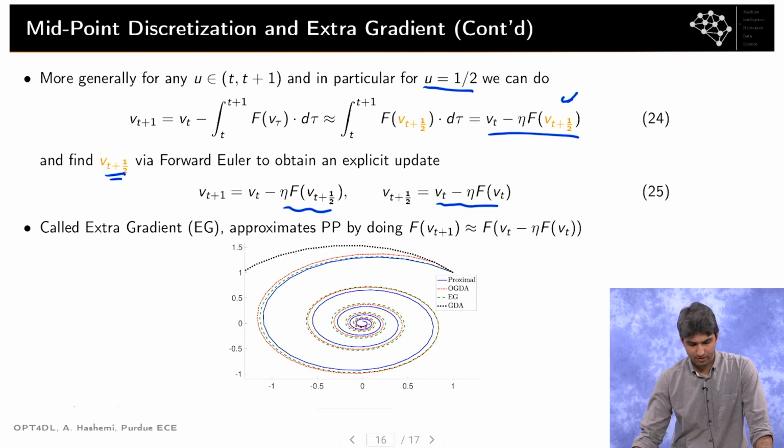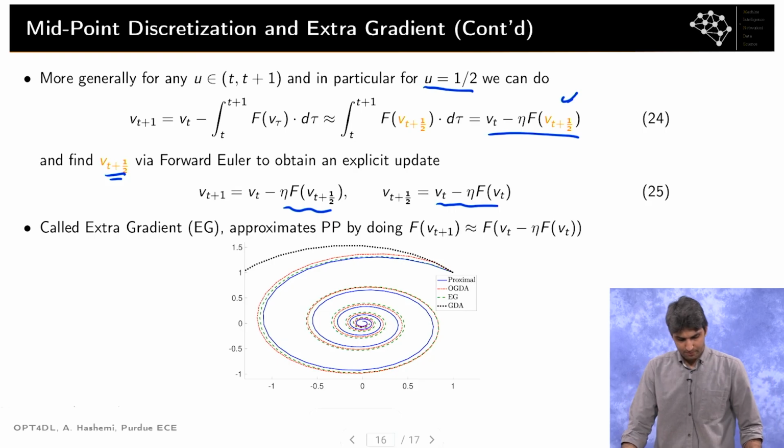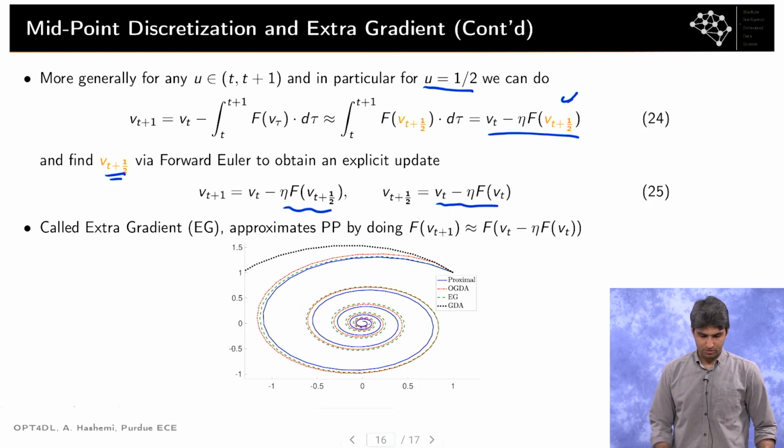So this is called the extra gradient method, and the idea is that it tries to approximate the gradient at the future t plus 1 by approximating the future point and finding the gradient there. So that's what it tries to do.